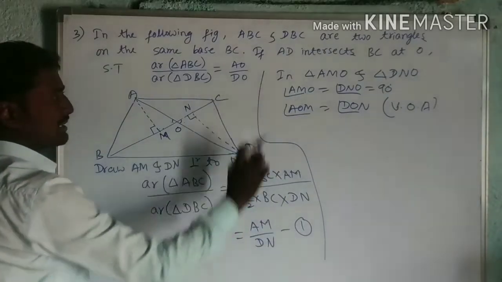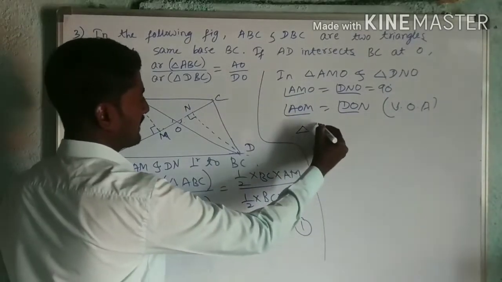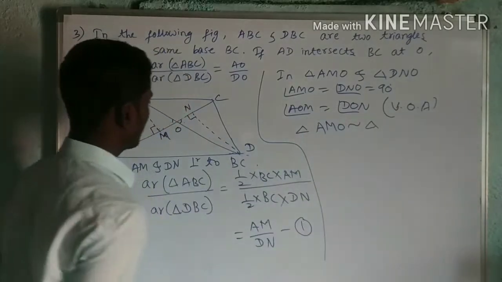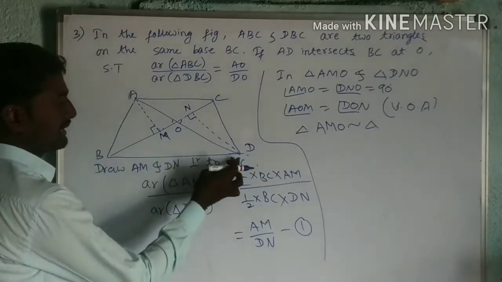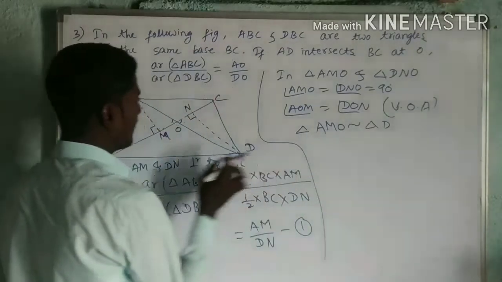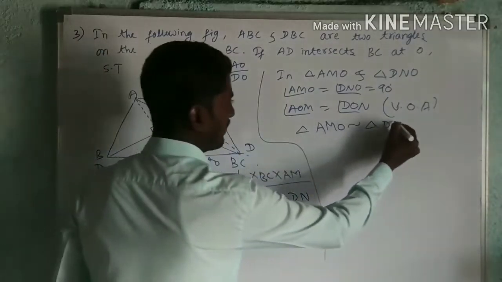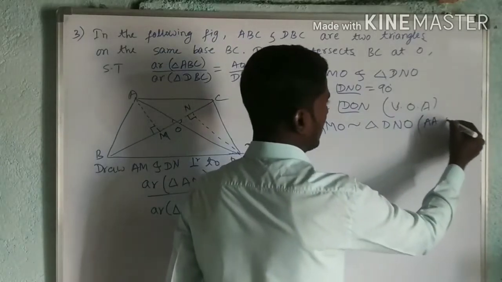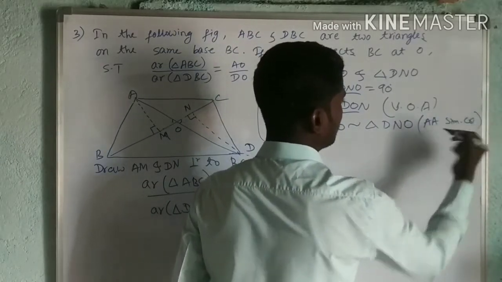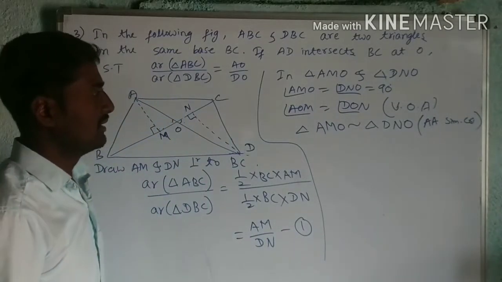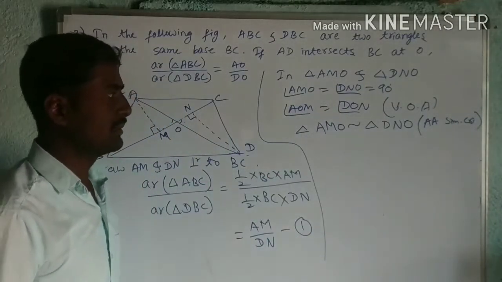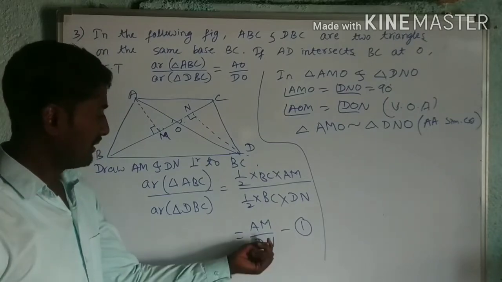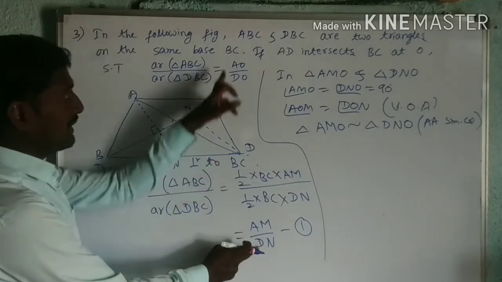Now by using the AA similarity criterion, I can write triangle AMO is similar to triangle DNO. For A, it is D. For angle M, that is 90, that is N. For O, it is O. Because of the AA similarity criterion. Now, if two triangles are similar, then corresponding sides are in the same ratio. In place of AM by DN, I want AO by DO.